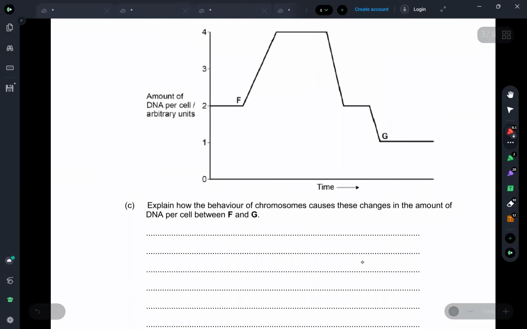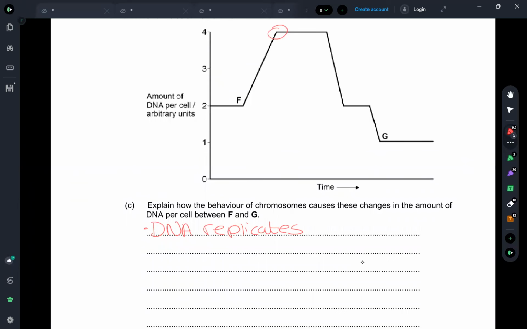So at F, clearly what's happening is our DNA is going to be replicating. So at F, our DNA replicates. So it gets up to here and it's replicated.